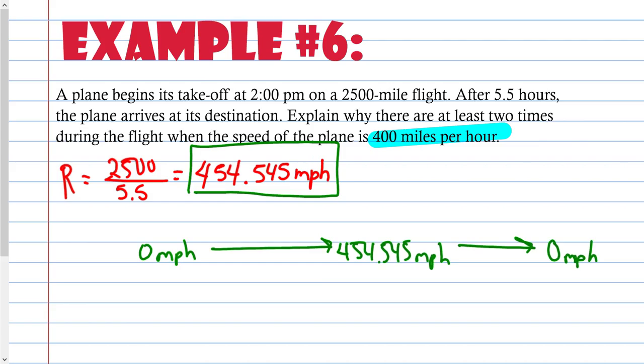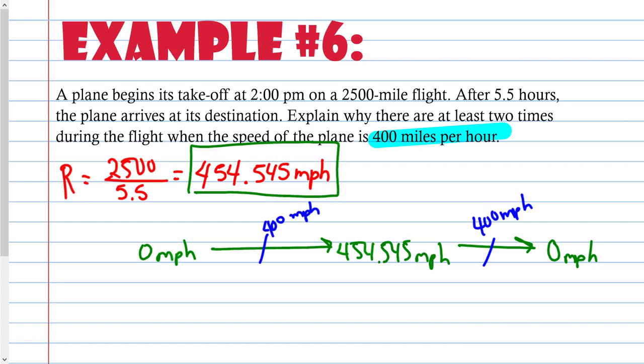So obviously, in order to get from 0 to 454, we have to pass 400, don't we? In order to get from stopped to 454 miles per hour, we have to travel at 400 miles per hour somewhere in between. And then again, when descending or coming to a stop, in between 454 and 0, at some point again, the airplane had to clock 400 miles per hour.